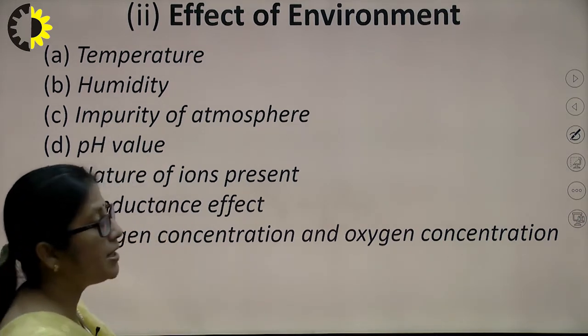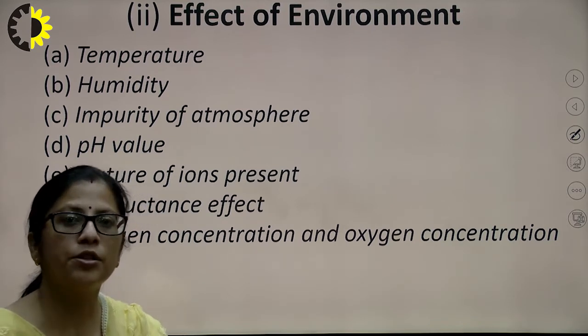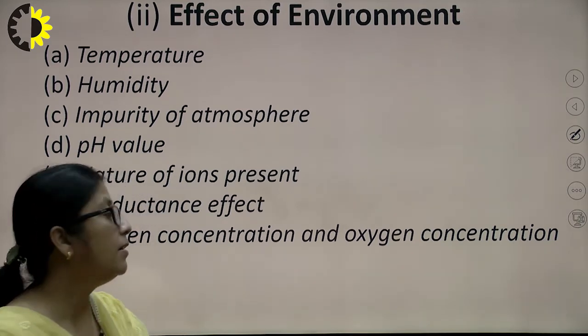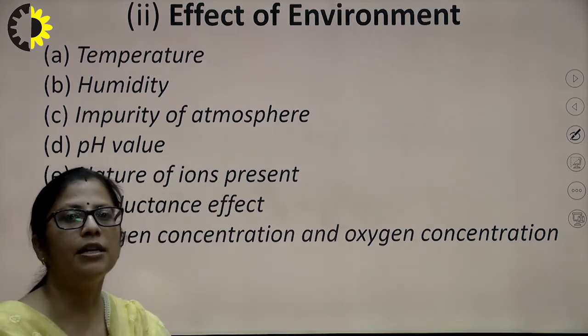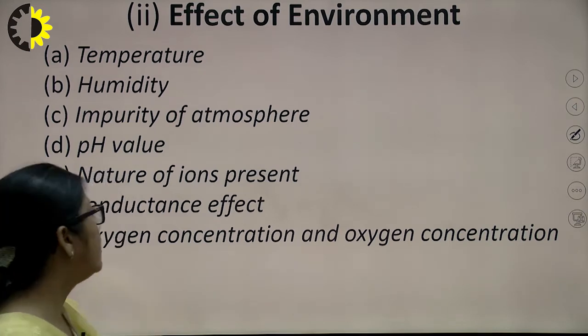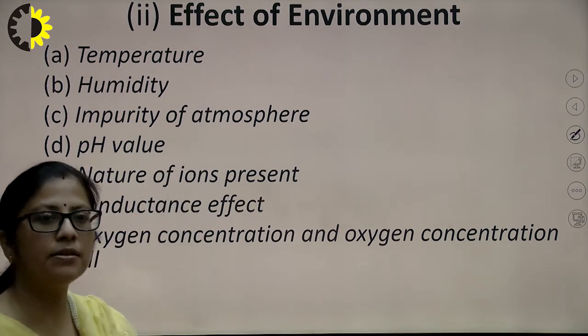Next is the humidity. If humidity is less, obviously the rate of corrosion is going to be less. Then impurity of atmosphere: the more impure the atmosphere, the higher the corrosion rate. Then is the pH value, then the nature of the ions present.